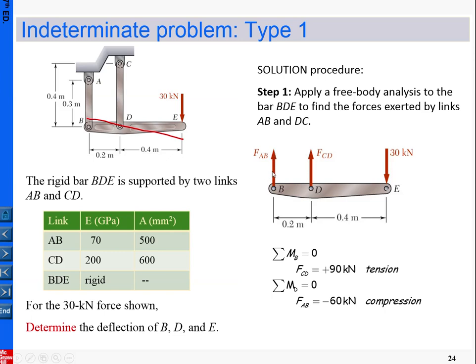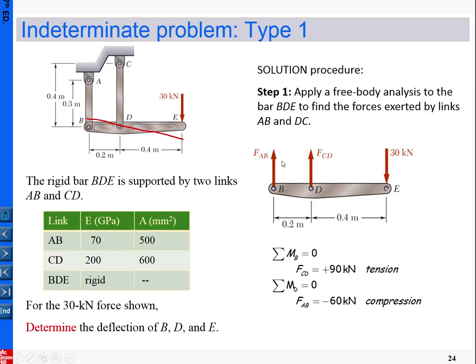You can assume the opposite direction, for example FAB pointing downward and FCD pointing downward. These assumptions are arbitrary, really up to you. However, once you make your assumptions, keep your calculations consistent with them.